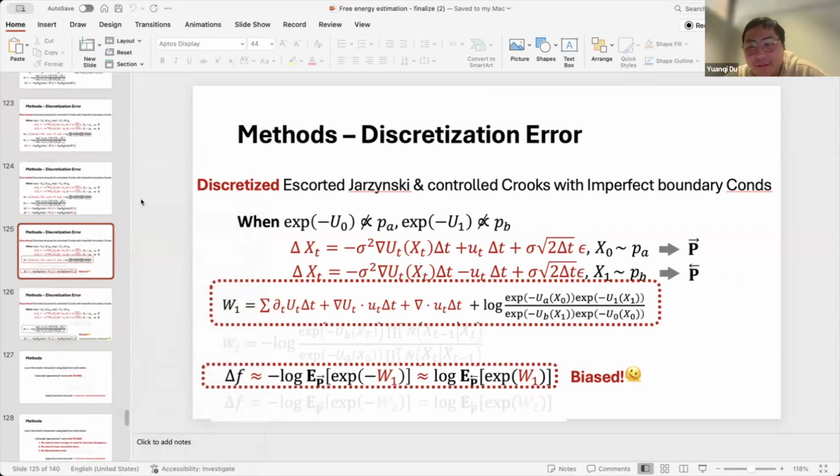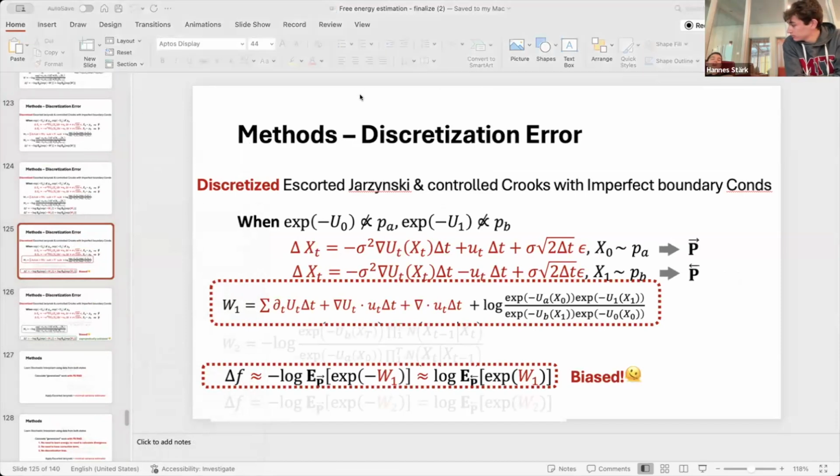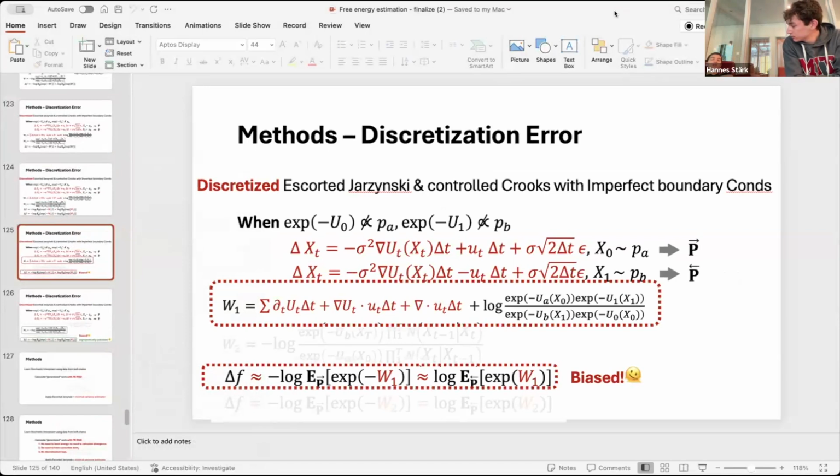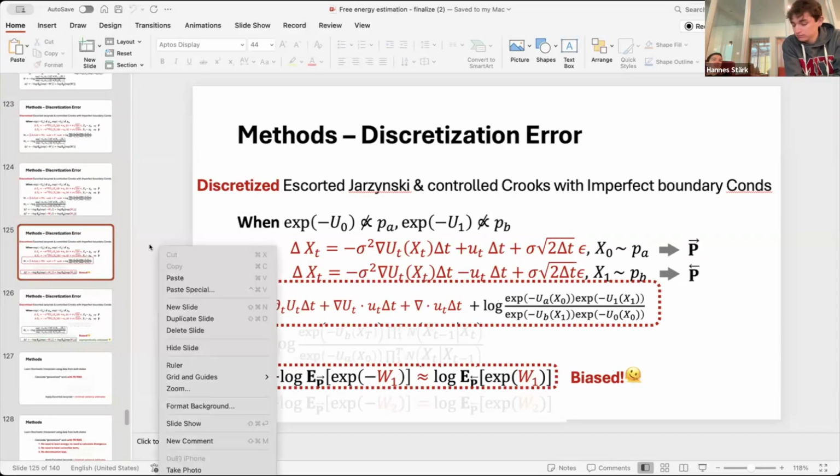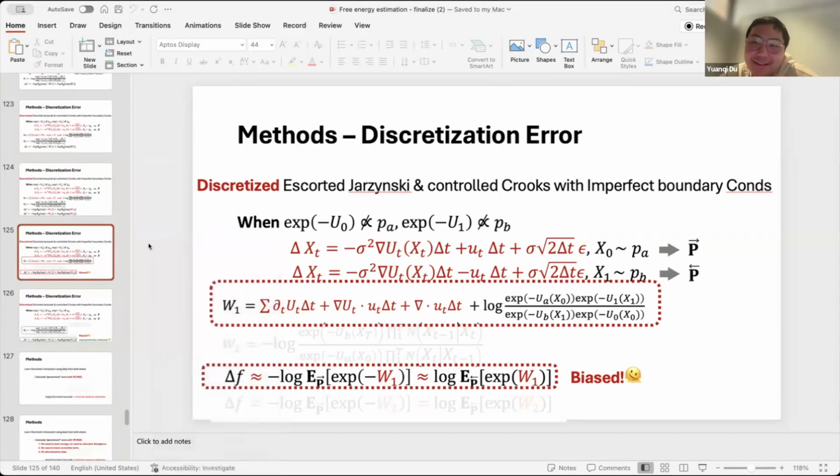For this discussion, I'll throw in a thought experiment. Ezra is basically asking, we already have many samples on each side, so why don't we just compute the partition function of each side? Then we have the absolute free energy, and then we compute the difference.